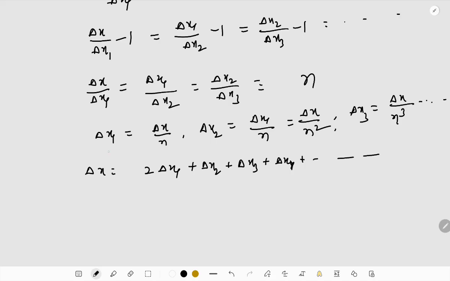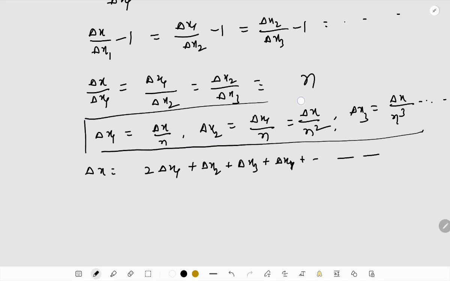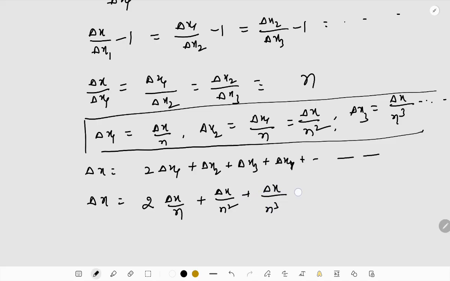And if we put this set of equations into this equation, we can write here delta x equals twice delta x by n plus delta x by n square plus delta x by n cube plus delta x by n raised to 4, and plus like this.